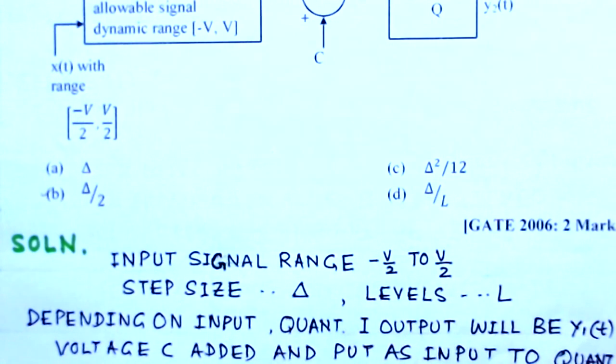Minimum C must be more than delta by 2, because delta is the step size, and when the input is more than delta by 2 in voltage, then the next level will come. So only if it is more than delta by 2, y2 will be different.